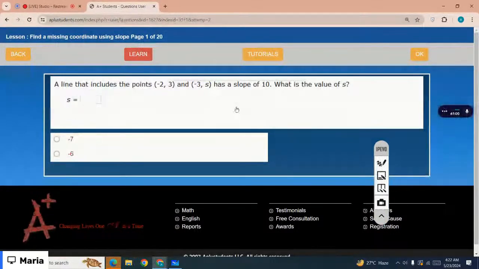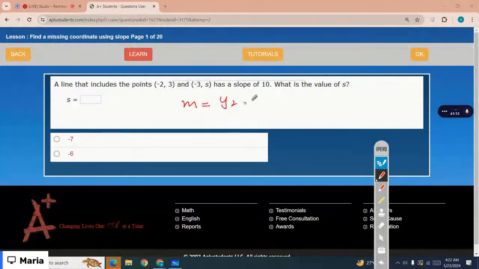A line that includes the points (-2, 3) and (-3, s) has a slope of 10. What is the value of s? So just use the formula, that is m equals y2 minus y1 divided by x2 minus x1. This is x1, y1. This is x2, y2.